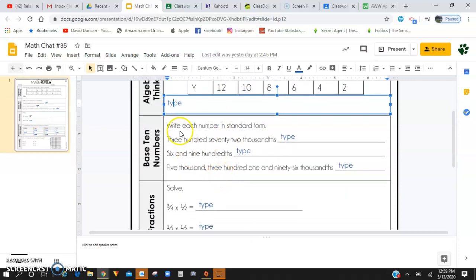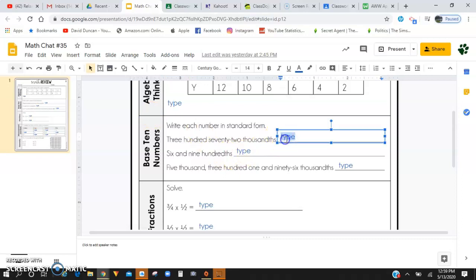Base 10 numbers, you are going to write each one of these numbers in standard form. Standard form is the traditional math form of a number that's presented to you. So, for example, if I have 372 thousandths, it's going to be a decimal. So I'm going to have 0.372.